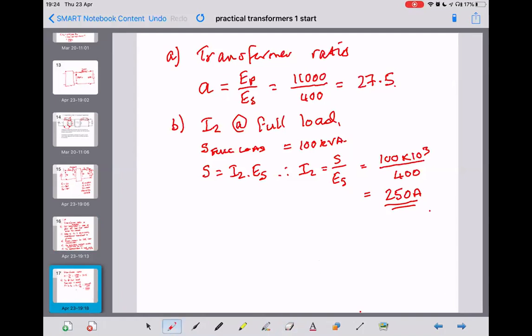And therefore, the full load resistance, the resistor that would draw a full load current, is ES over I2, 400 over 250, equals 1.6 ohms.